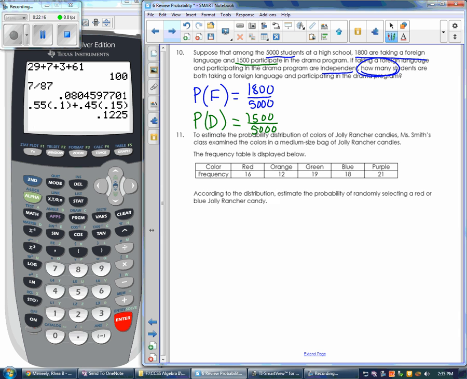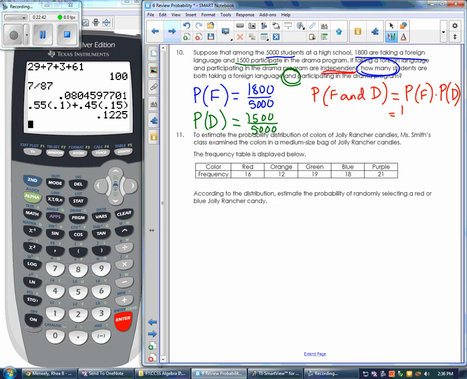Since I know that they're independent, that's going to be important, because if I'm looking essentially for the students that are participating in both, then I'm looking for, let's first find the probability of foreign language and drama.